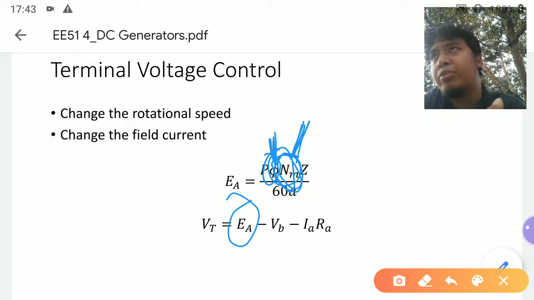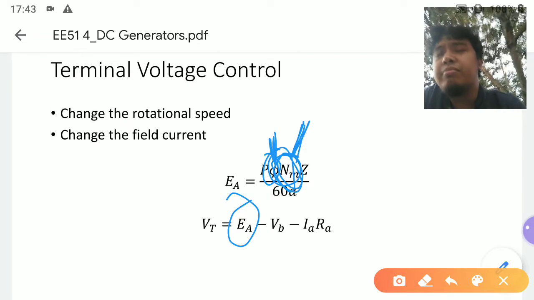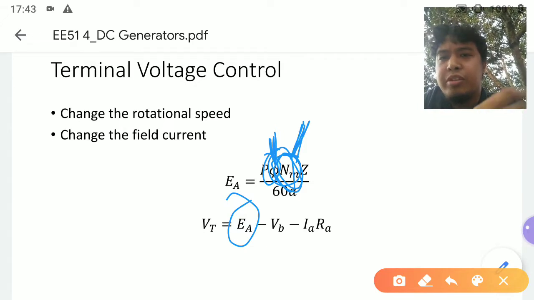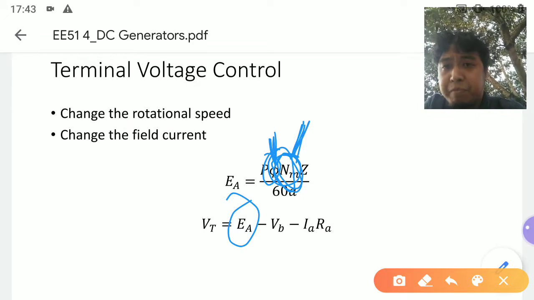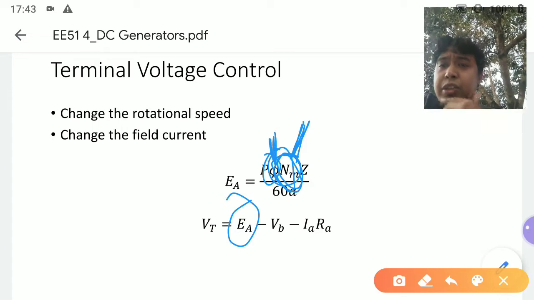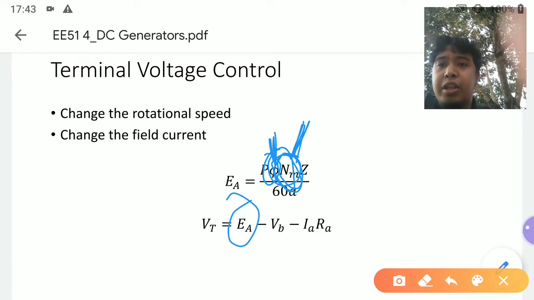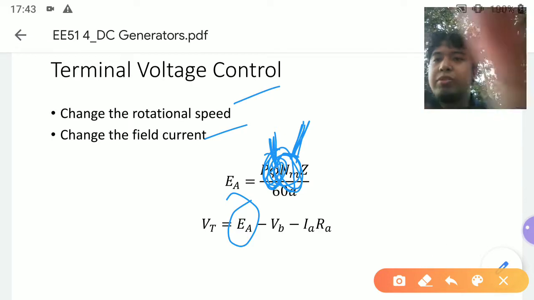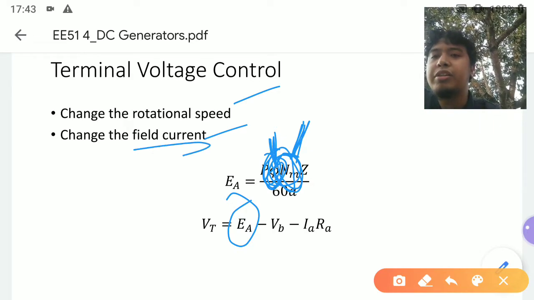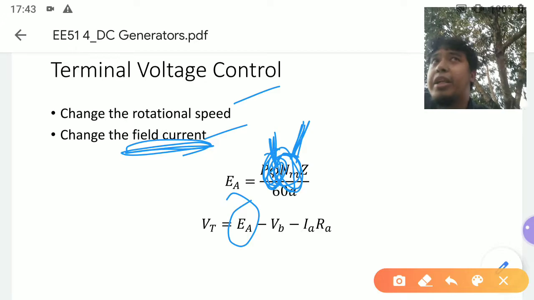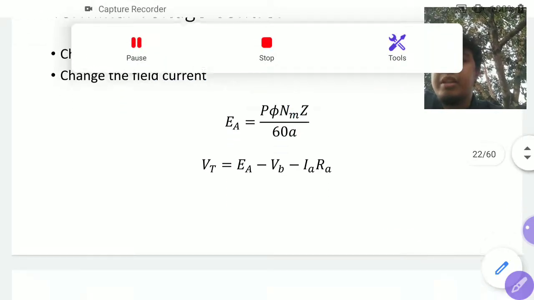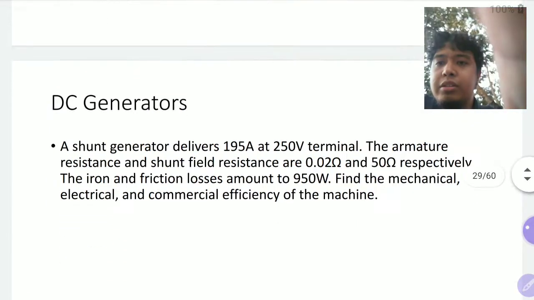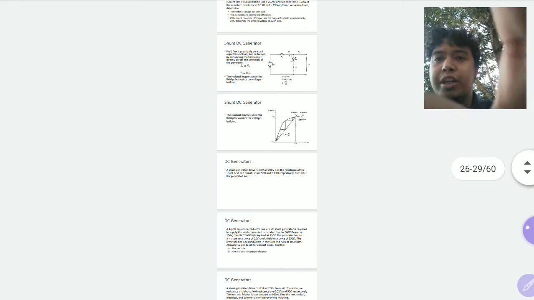Because if you have a permanent magnet, then you can make this magnetic flux constant, so you'll just be controlling it using the rotational speed. But anyways, that's how you control the terminal voltage, using the rotational speed and or the magnetic flux, which can be controlled if this is an electromagnet using the field current, because your magnetic flux is directly proportional to the field current. And that's basically the output of your generator.